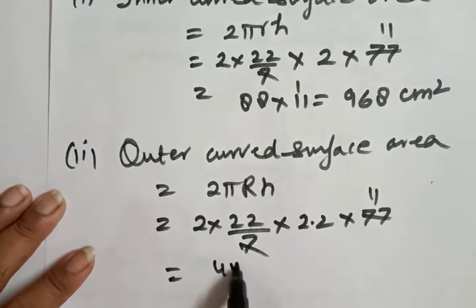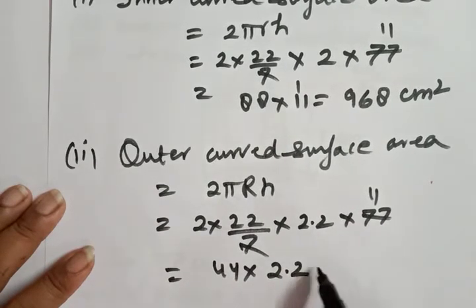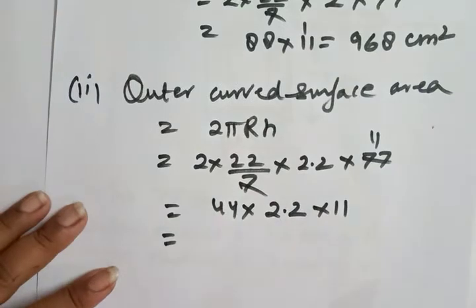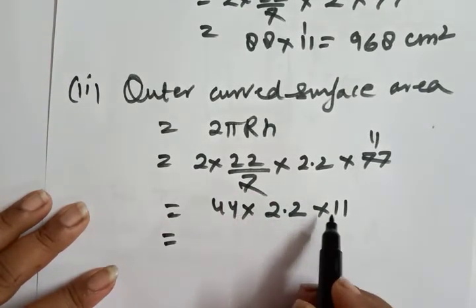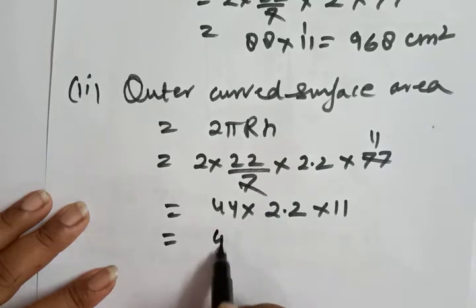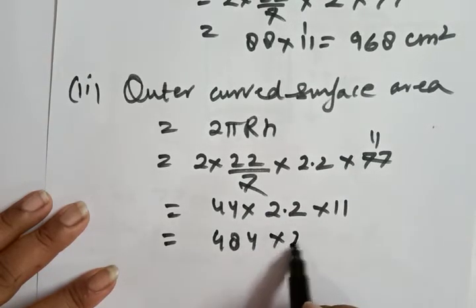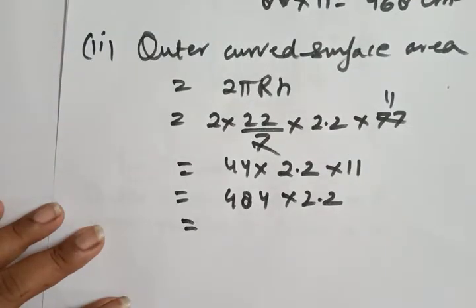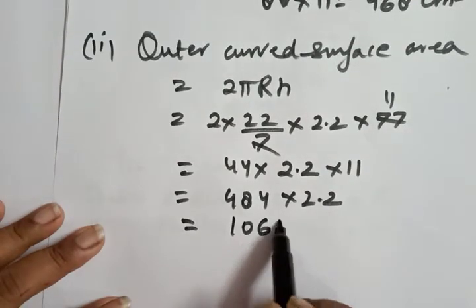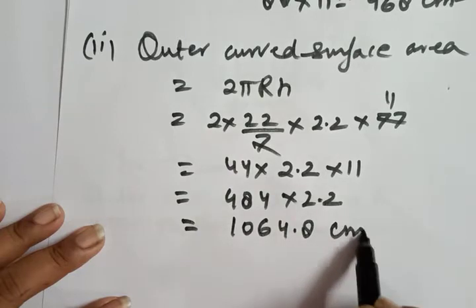That is equal to 44 into 2.2 into 11, that is equal to 11 into 44, that is 11 4s are 44 and 11 4s are 44 plus 4, that is 484 into 2.2. When we multiply we will get 1064.8 centimeter square.